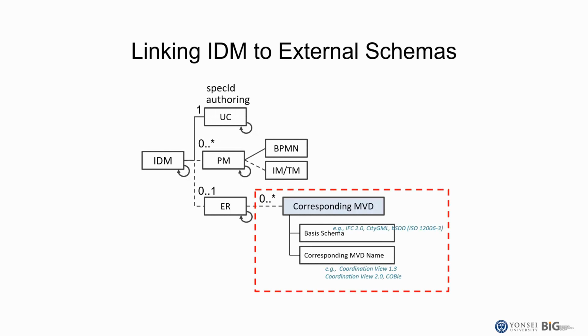Another issue was how to represent the connection between IDM and external schemas. We often refer to MVD as a subset of IFC, but ISO 29481 Part 1 defines MVD in a more generic way, so it can be a subset of any open standard data schema used in our industry.